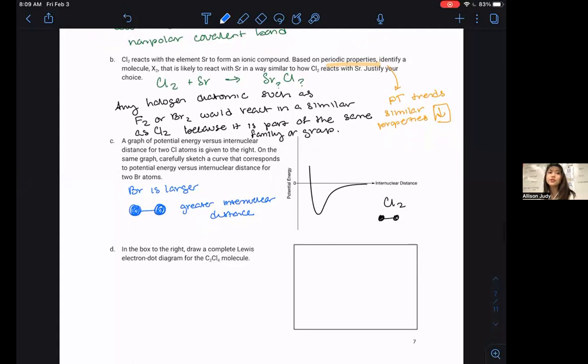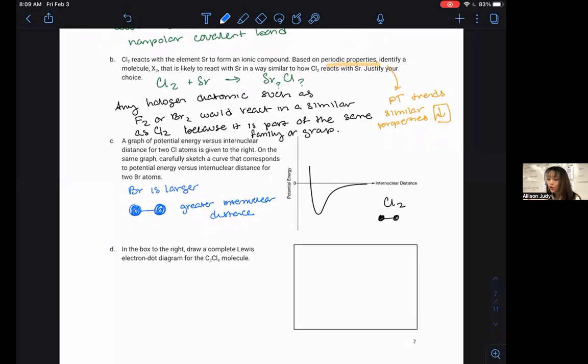Your overall shape of the potential energy bonding curve looks similar. There's going to be an ideal bond length that has the lowest potential energy, signaling high bond energy and stabilization. But your internuclear distance is greater. It's the only real difference between these two.